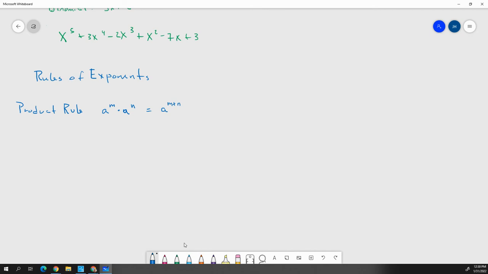It just means when we're multiplying things with exponents, we add the exponents. So, for example, if I have x to the 3rd times x squared, I wind up with x to the 3 plus 2, or as we would write that, x to the 5th power.